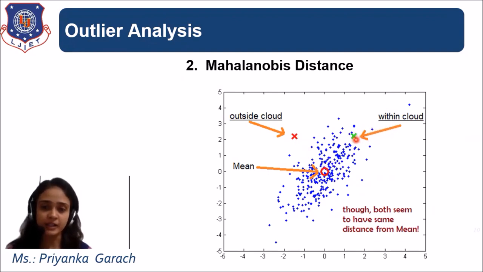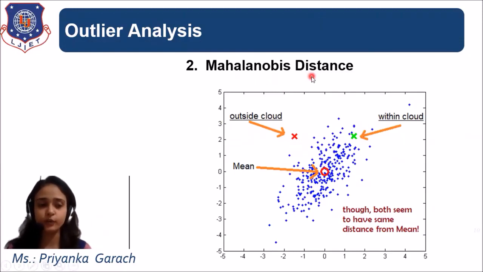So I can say that this data point is within the cloud, and the green mark is not considered an outlier. This other data point is far from the centroid, so I can say that it can be considered an outlier according to the Mahalanobis distance.